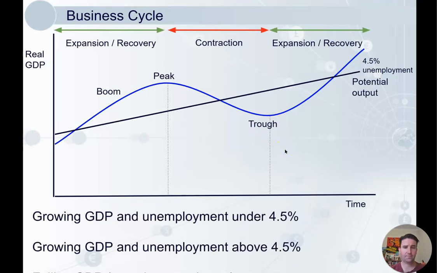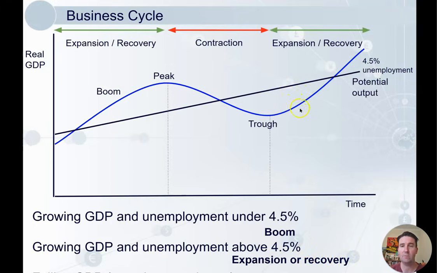So things to remember here. We've got our boom. We've got growing GDP and unemployment under 4.5%. If we have growing GDP and unemployment above 4.5%, they're both expansions, but more correctly, it's called a recovery, because we're in an output gap.